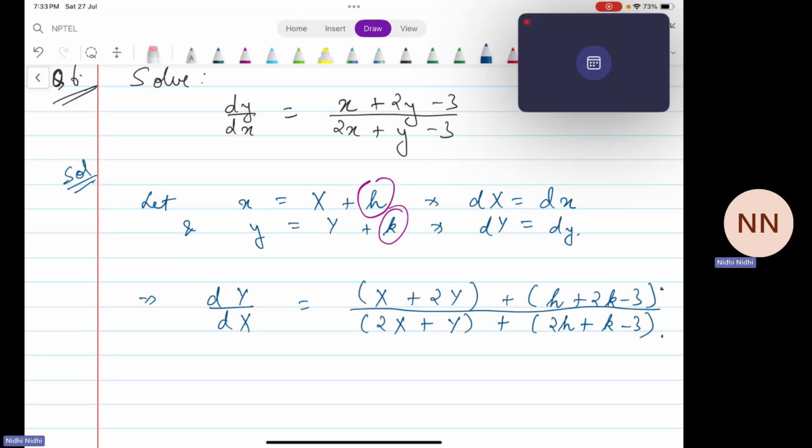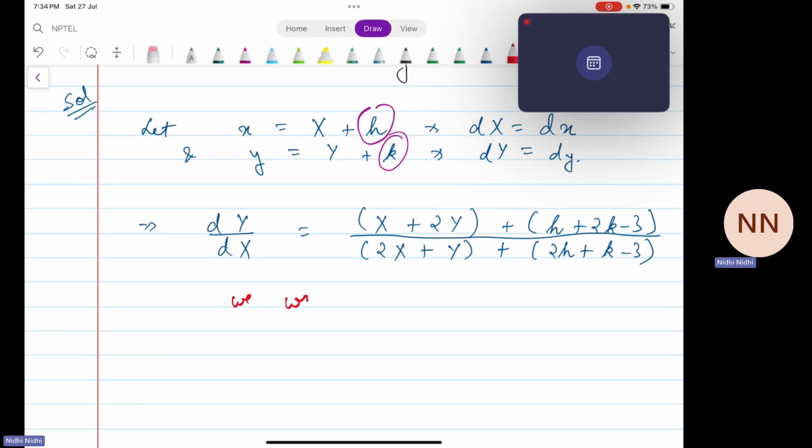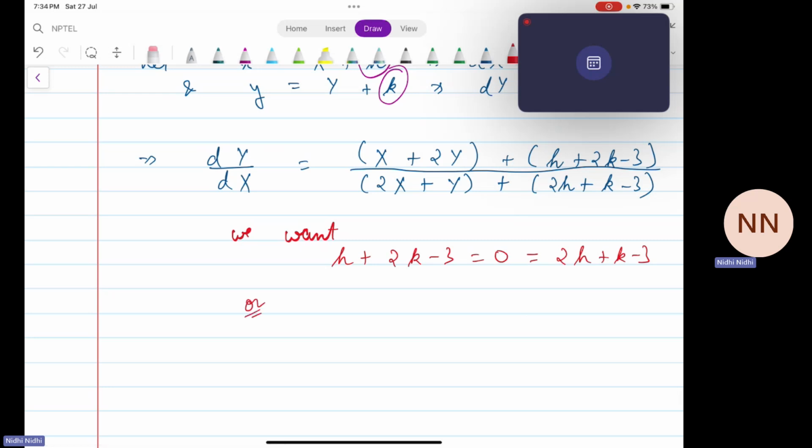Now we want these terms to be 0. That means we want h plus 2k minus 3 is equal to 0 is equal to 2h plus k minus 3, or we want h plus 2k to be equal to 3 and 2h plus k is equal to 3.